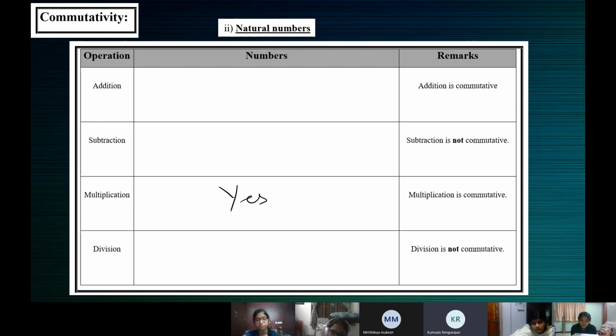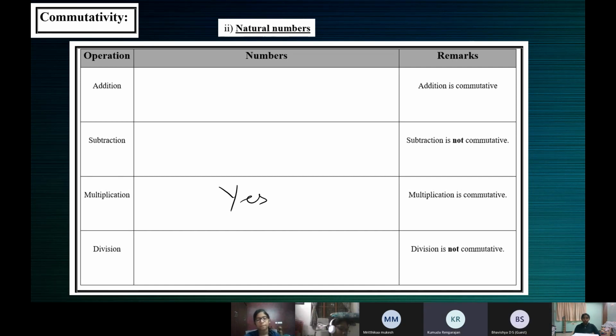That is closure property. This is commutativity. When you take two natural numbers and multiply them in any order, whether you do A into B or B into A, the result is the same in both the cases. The product of two natural numbers is always a natural number, that is closure property.